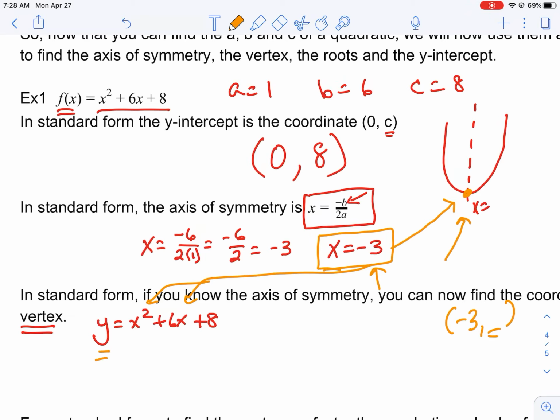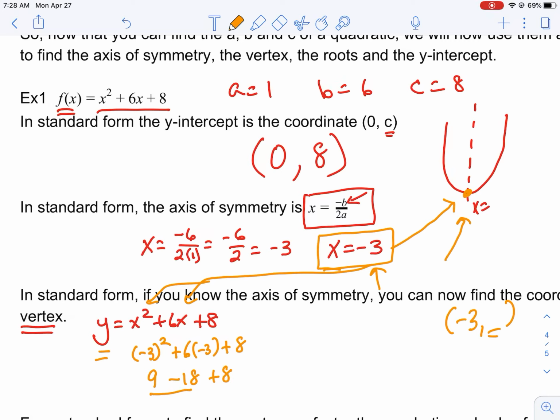So let's take that negative 3 and put it into x squared. So we use a parenthesis: negative 3 squared plus 6 times negative 3 plus 8. Negative 3 squared is negative 3 times negative 3, which is a positive 9. Positive 6 times negative 3 is a negative 18, plus 8.